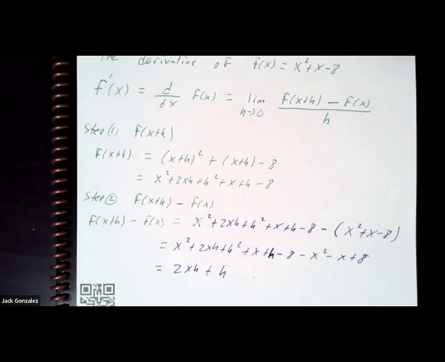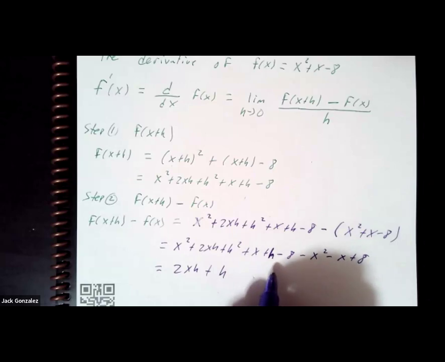Okay. Yes, cool on step two. You can see there's just algebra stuff, but let me know if you don't see something. What happened to the h squared? How did that cancel out? You're right, it did not. So let's see here. Okay.